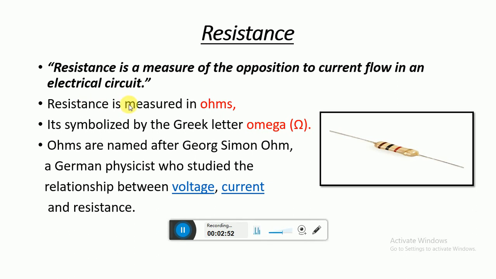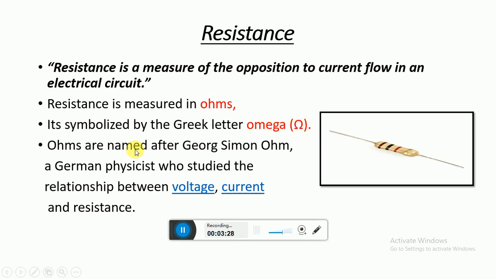The unit of resistance is the ohm. Keep one thing in mind, resistance is represented by R. Mostly it is represented by capital R, and in some cases by small r. Resistance is measured in ohms, and the symbol of the unit ohm is omega, a Greek letter.